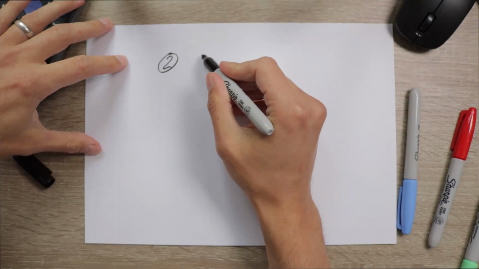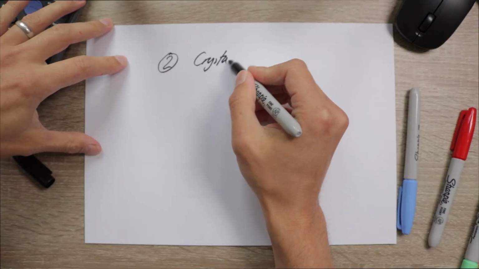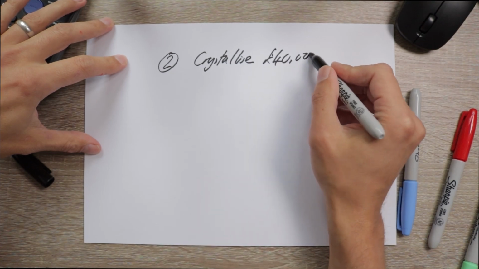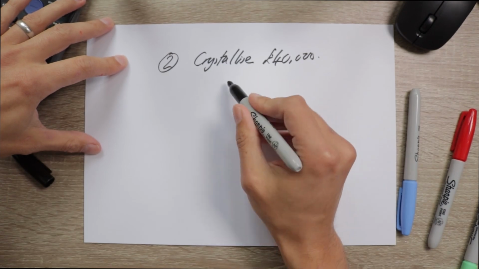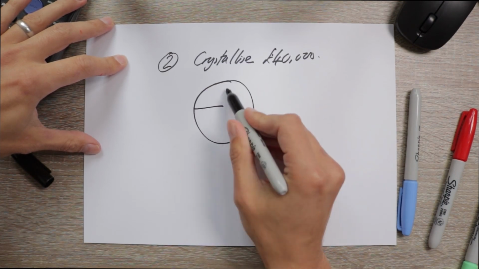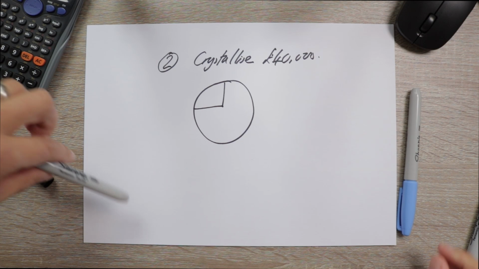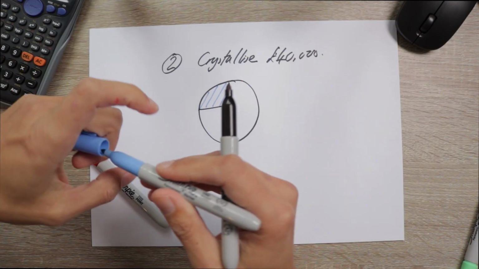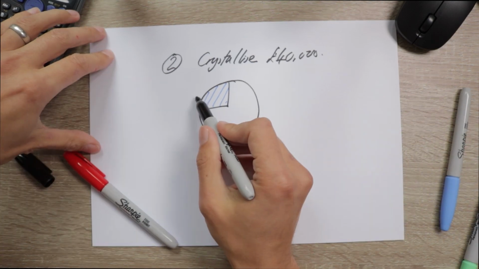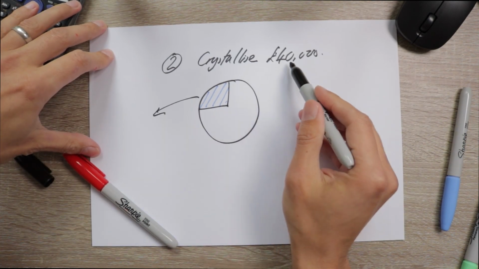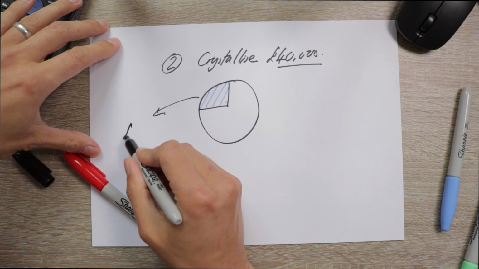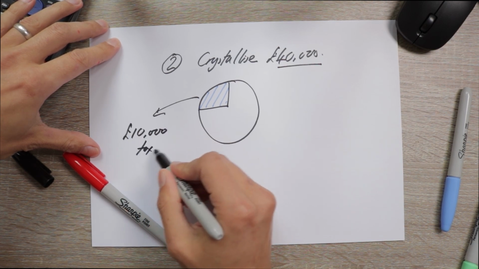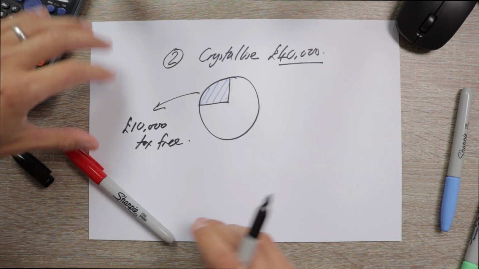And our second way is that we crystallize £40,000 worth of our pension. Why 40,000? Because we know with £40,000, 25% of that is tax-free cash. With crystallising £40,000, it means that we get our £10,000 out completely tax-free.